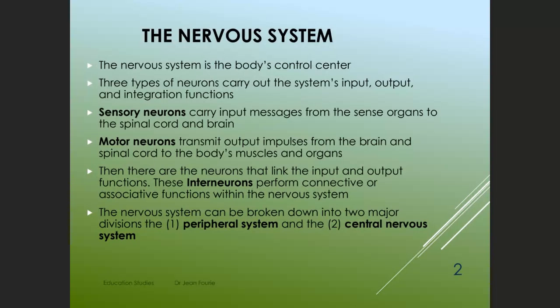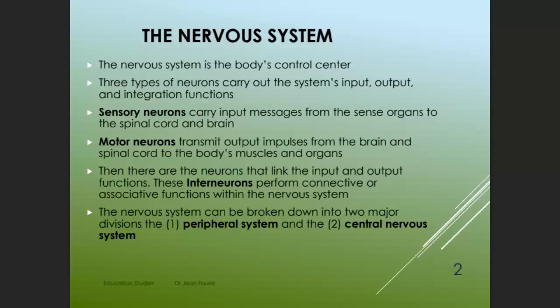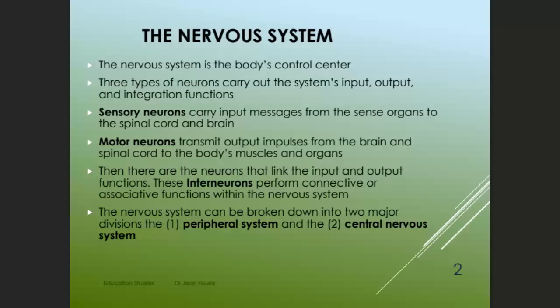So the nervous system is the nerves that control everything that our body does. The neurons, which make up the nervous system, have input neurons and output neurons, and there is an integration of the sensory neurons that have input into our bodies from the environment around us, and the motor neurons that allow output so we can move.